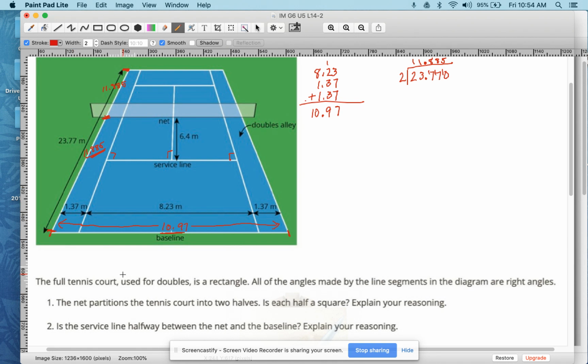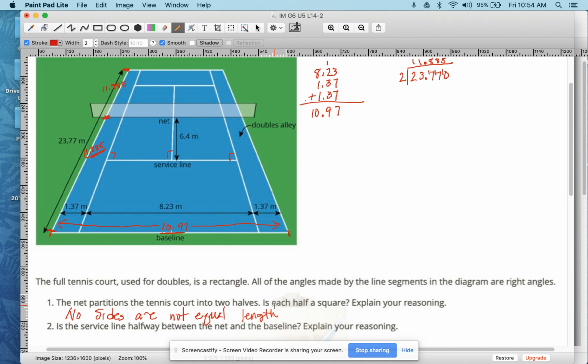So when it's cut in half, is each half a square? No. And the reasoning is the sides are not equal lengths. And they can look at our math to see that we did that correctly.